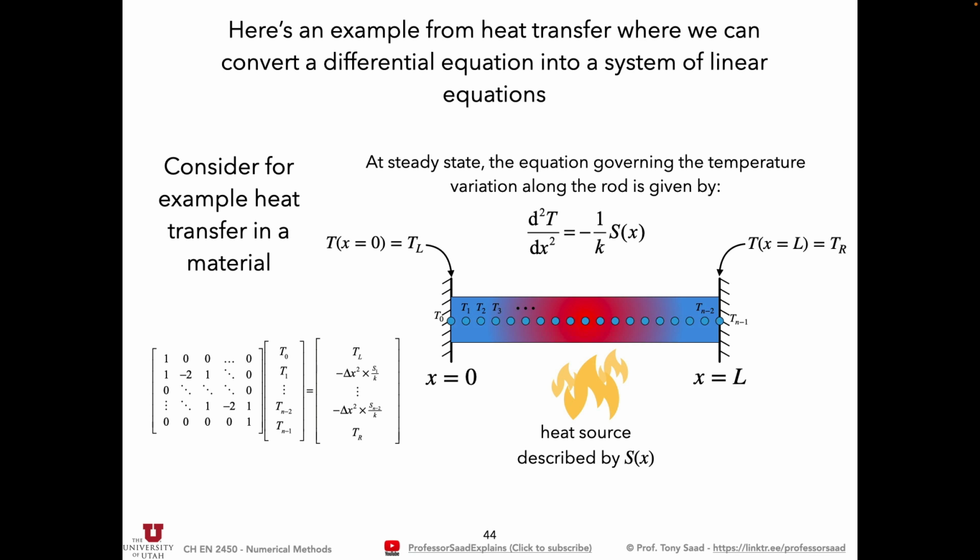And together, eventually, we will see that those equations look like this. They are a system of linear equations, thankfully, in the temperature. So now the unknowns, those T's, show up as unknowns. And we can solve for them by solving the system of equations. And I wrote it in matrix form because now you know how to do things in matrix form.